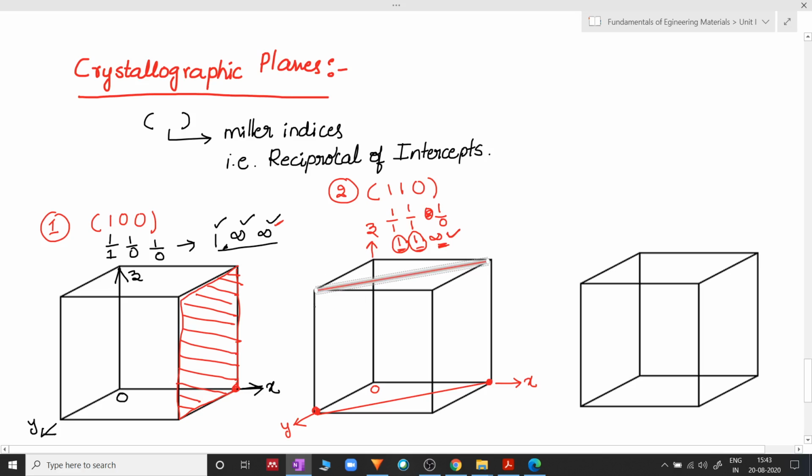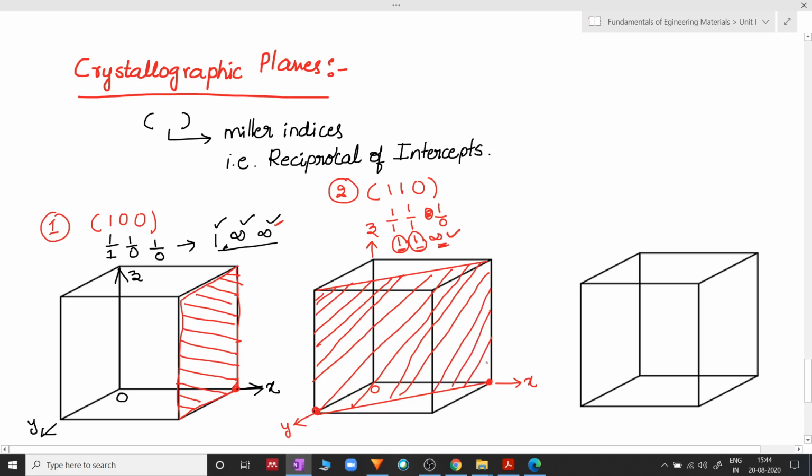So now this is the plane. This plane is the 110 plane.